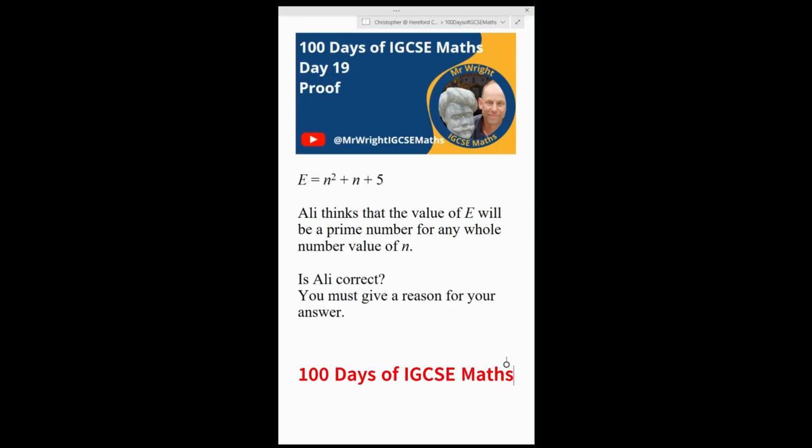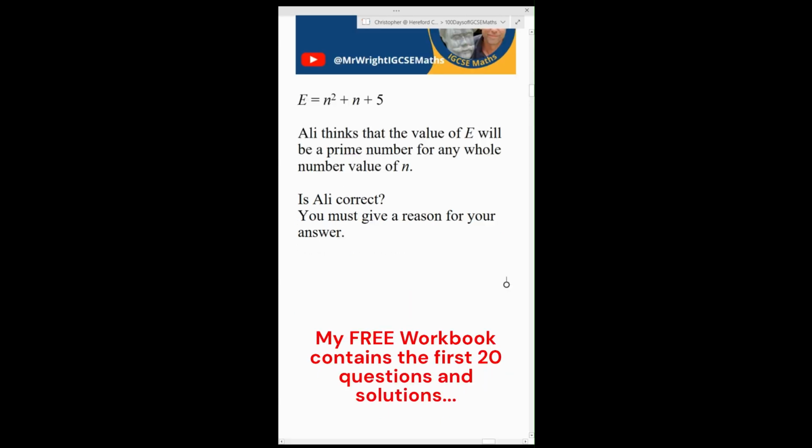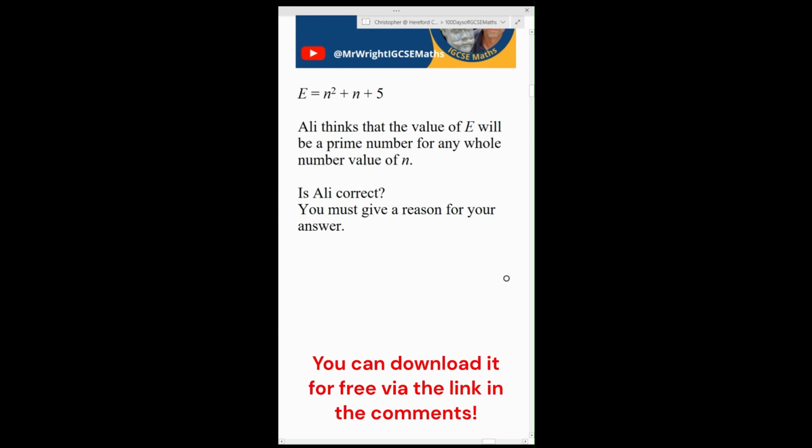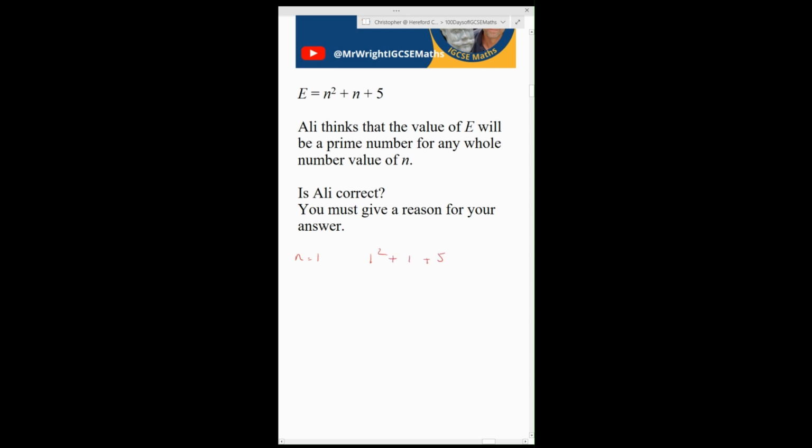Now's your chance to pause if you want to try the question before I do. Okay, we need to see if the value of e is a prime number for any value of n. For instance, if I try n is 1, then e would be 1 squared plus 1 plus 5, which is 7. It is a prime. If I try n is 2, then I get 4 plus 2 plus 5, which is 11. It is a prime.